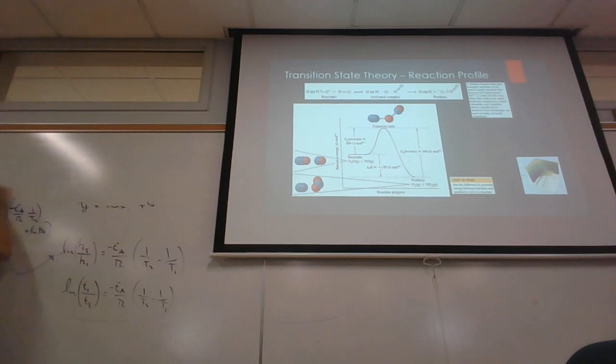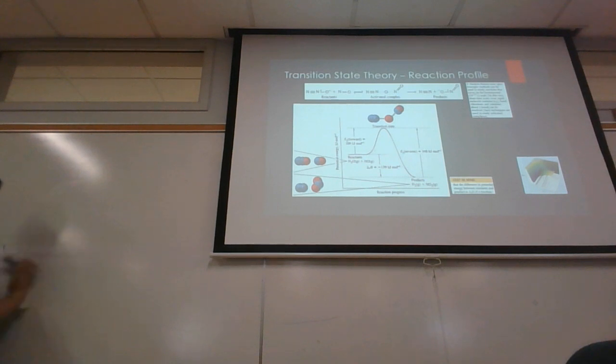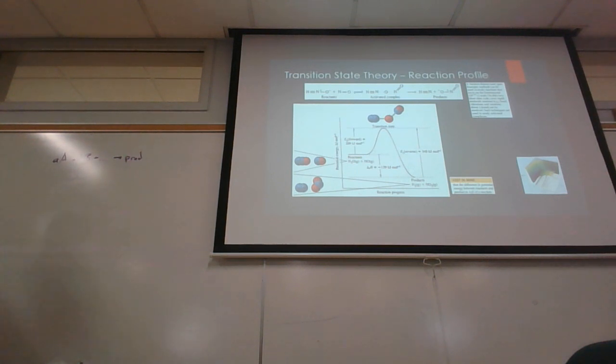And so whenever we have a reaction, we have 2 possibilities. So if I have aA plus bB plus ... goes to product. The 2 possibilities are, this is just a simple collision. There's one step. Simple collision is just one step.